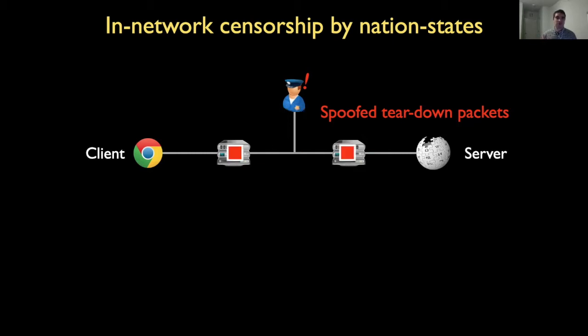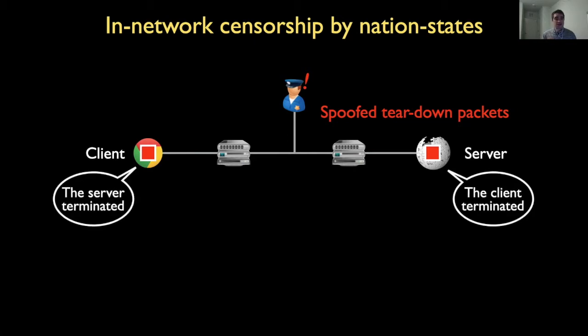It's going to send two of these packets, one in each direction. It's going to send one to the client, pretending to be the server, and one to the server, pretending to be the client. The client is going to get this packet and think, well, the server just terminated our connection. And the server is going to get its packet thinking, well, the client wants to stop talking to me. And just like that, both sides stop communicating with one another and censorship has been achieved.